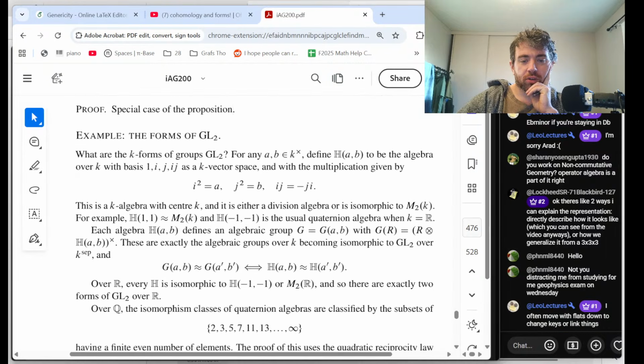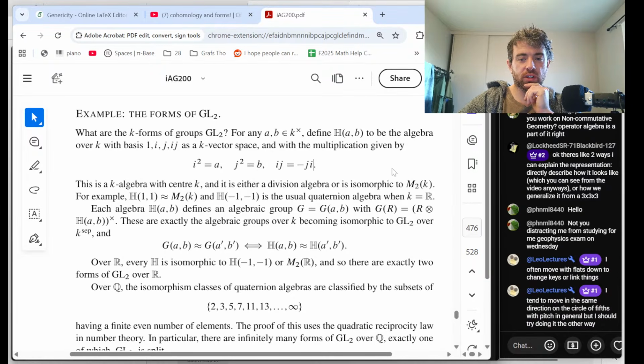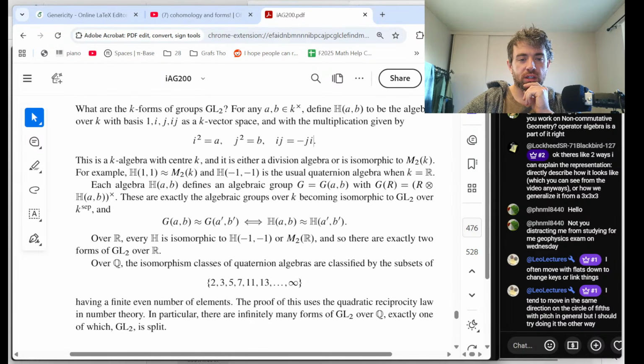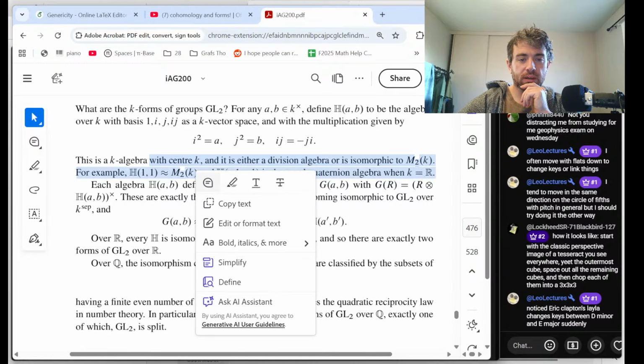Right. For example, the forms of GL2. I think, isn't this somewhat true for GLN? I think we did this exercise in the class field theory series, where I showed that a K-algebra with center K is either a division algebra or isomorphic to M2(K).